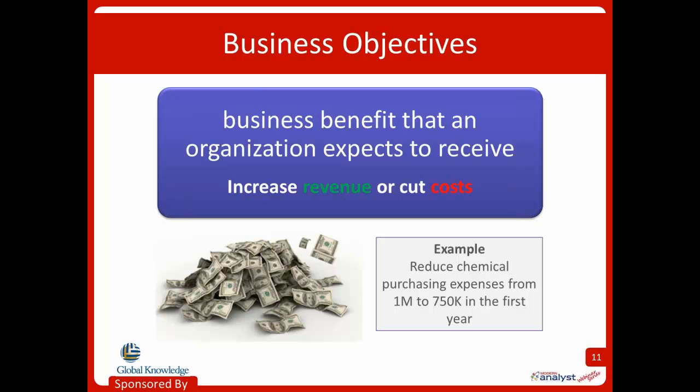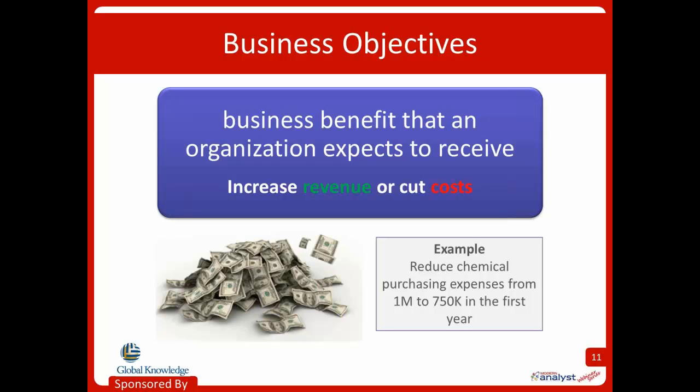Business objectives almost always can be related back to money. This sometimes is a controversial statement, I'll just say that, so feel free to ask questions about this if this doesn't make sense. But in the business context, we do projects to either increase revenue or cut costs. At the end of the day, things roll back to that.